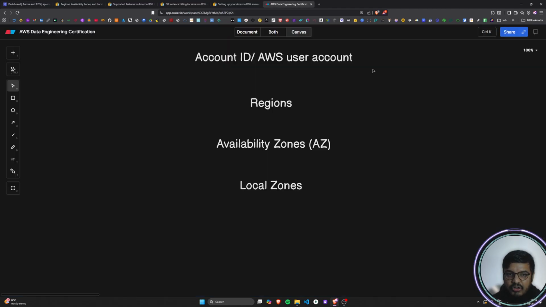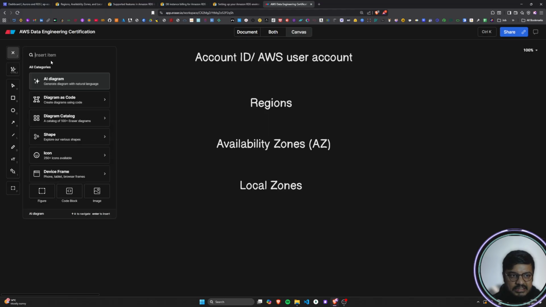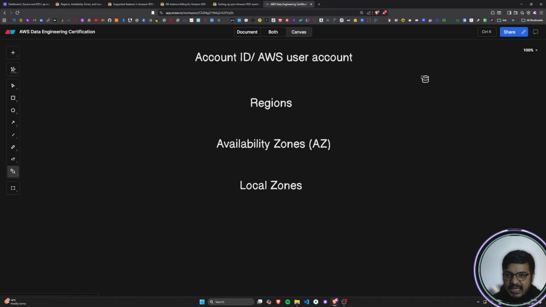What it wants to say is, let's suppose with this particular account there are multiple databases created in the same account itself, but these databases are in separate regions.